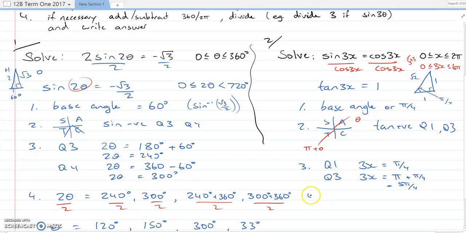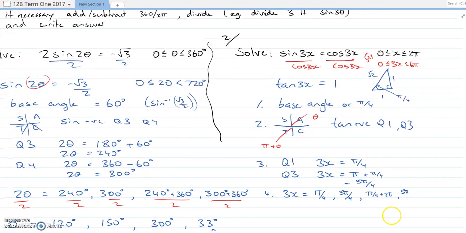Alright, step 4. 3x, what we're solving for, we've got pi over 4, 5 pi over 4. Now for the first full circle, we've got to add 2 pi to each answer. So pi over 4 plus 2 pi, 5 pi over 4 plus 2 pi.